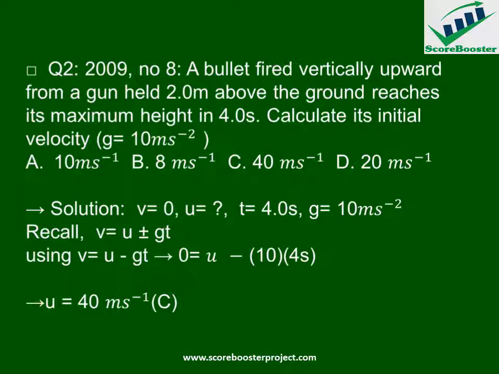Therefore, for this case, we use v equals u minus gt. Now our v will be 0 at maximum height, which is equal to u, which they ask us to find, minus g, that's acceleration due to gravity, which is 10, times t, which is 4 seconds. So we can transfer minus 10 times 4 to the other side. That will give us u equals 40 meter per second, making option C the correct answer for this question.